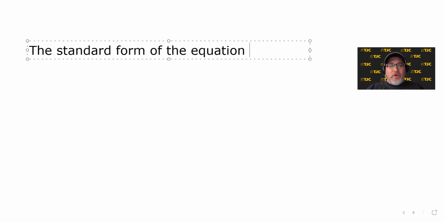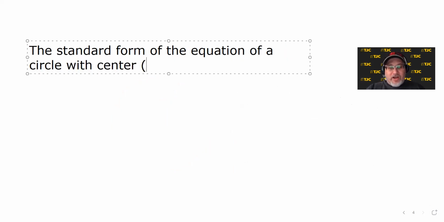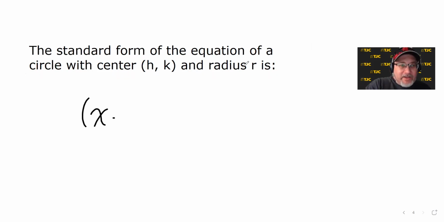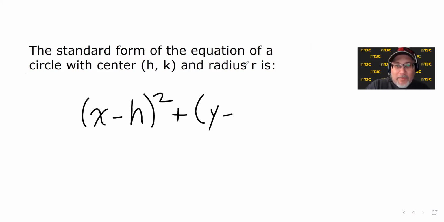The standard form of the equation of a circle with center H comma K and radius R is, and I'm just going to rewrite the last thing that was on the last page, and that was X minus H in parentheses squared plus open parentheses Y minus K close parentheses squared is equal to R squared.